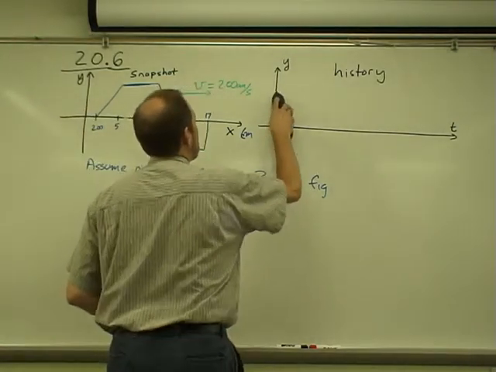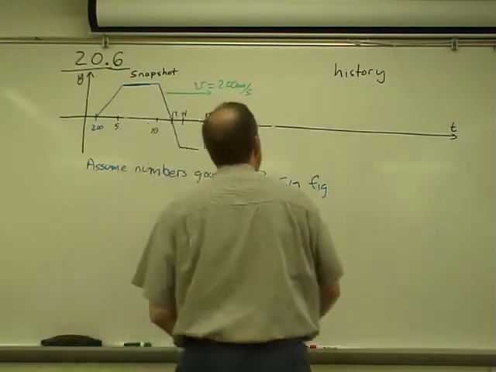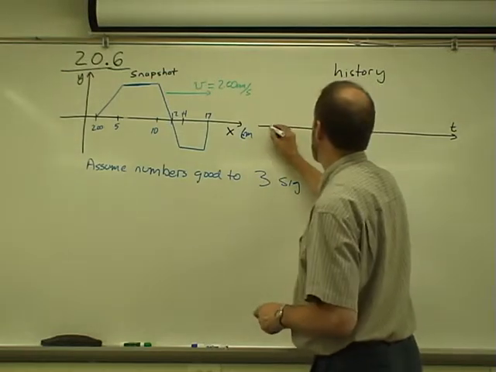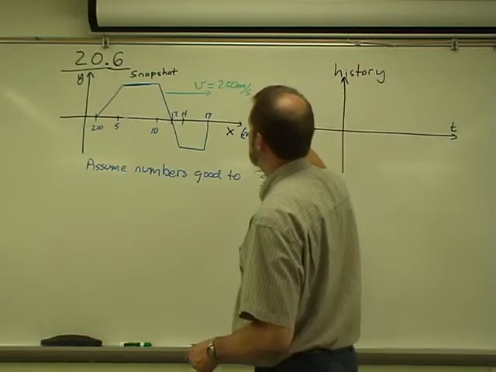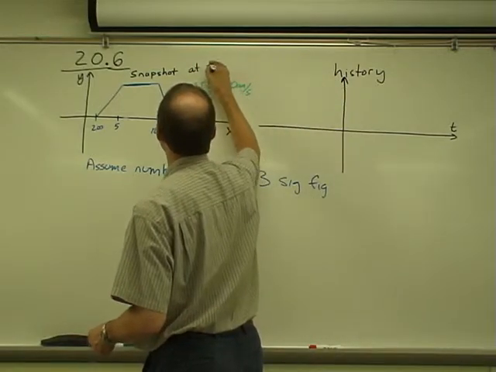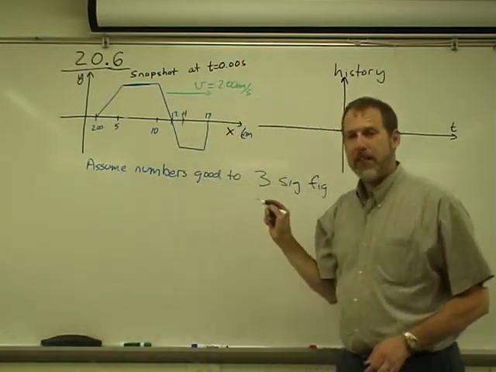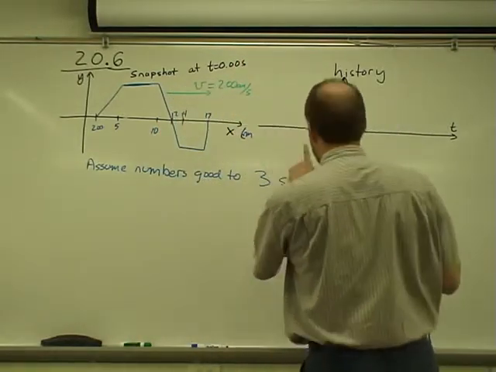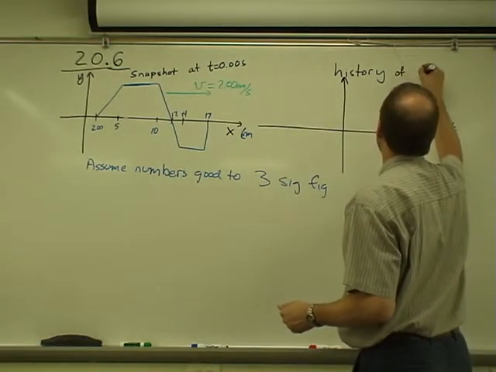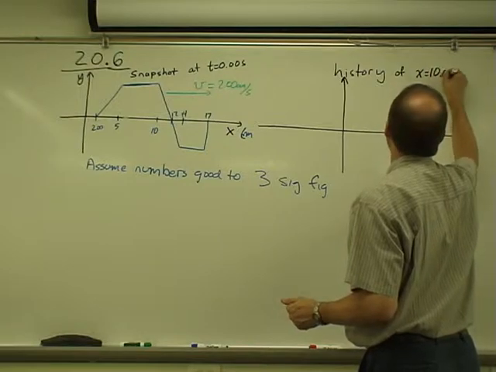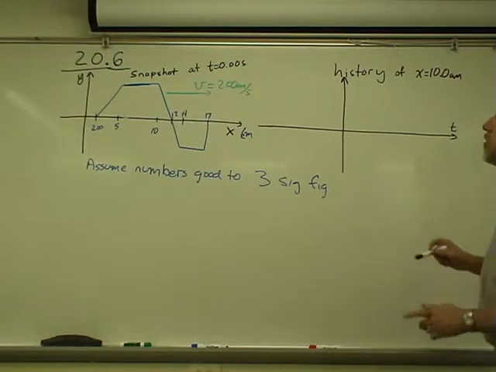Let's make a history graph. Okay, this is a snapshot at t equals 0 seconds. If I look at this history graph of x equal to 10 centimeters, what do we have?